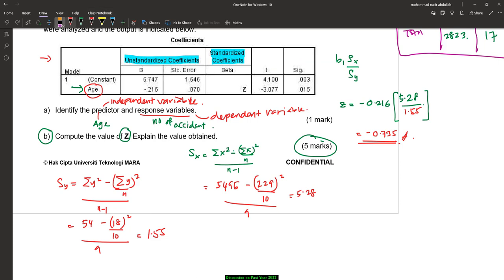So let's look at the unstandardized coefficient first. For the unstandardized coefficient, for every 1 unit increase in x, y will decrease by negative 0.216. So this is the explanation for the beta coefficient, the unstandardized coefficient.